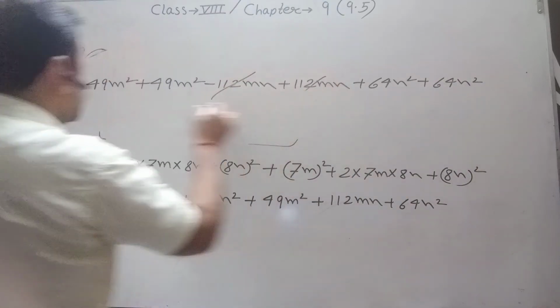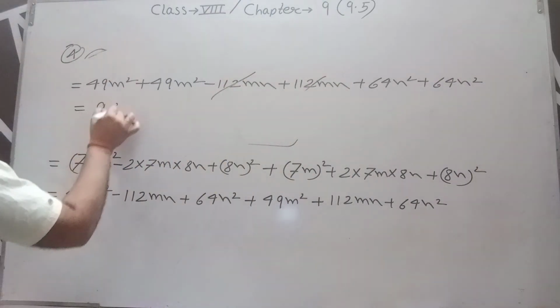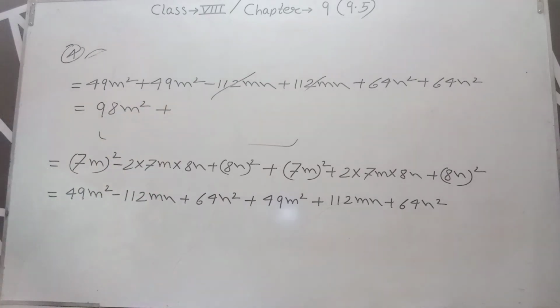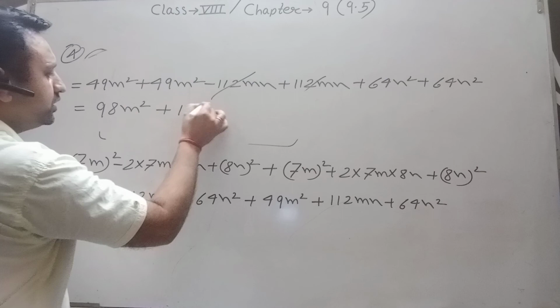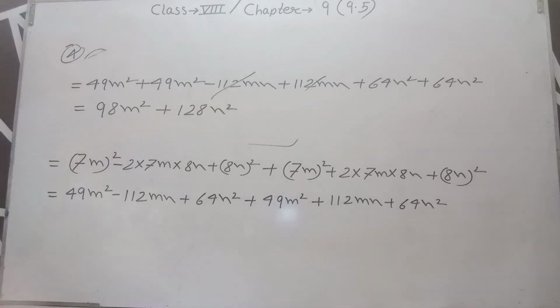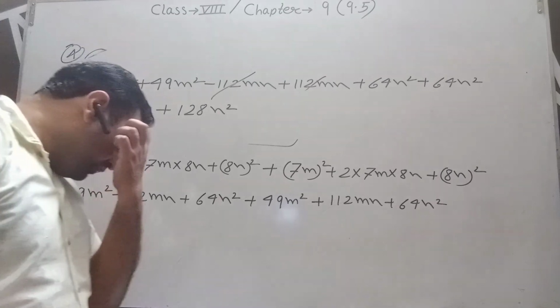These two terms cancel out. So 98m square plus 64 plus 64, 128n square. So this is the answer of the third part.